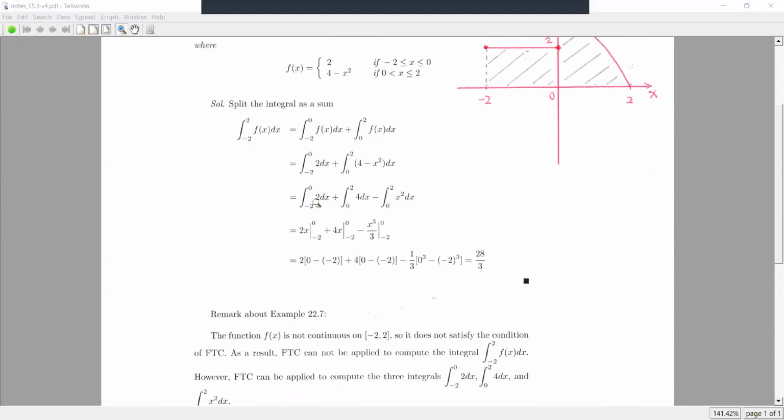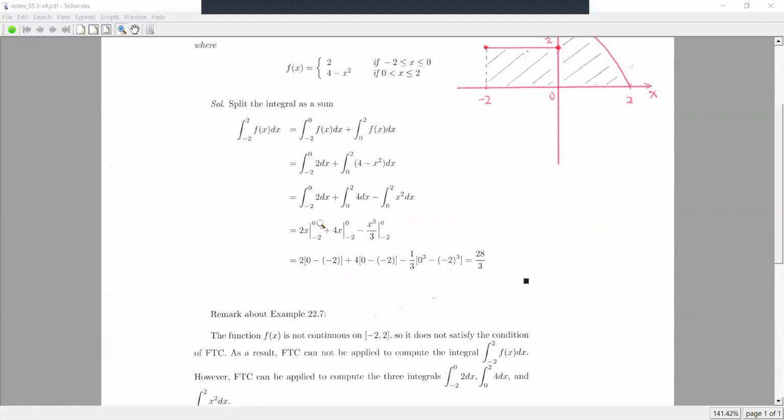First integral: the antiderivative for 2 is 2x. The antiderivative for 4 is 4x. The antiderivative of x squared is x to the third over 3. By the fundamental theorem, this integral is this number, and this is this number, and this is this number.